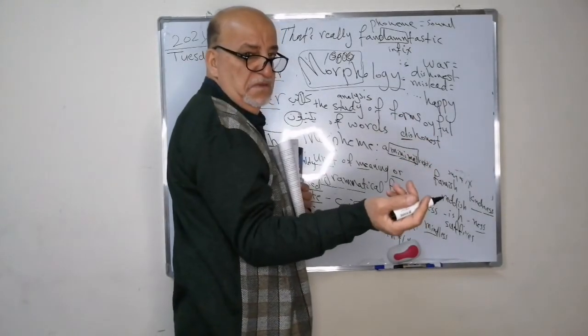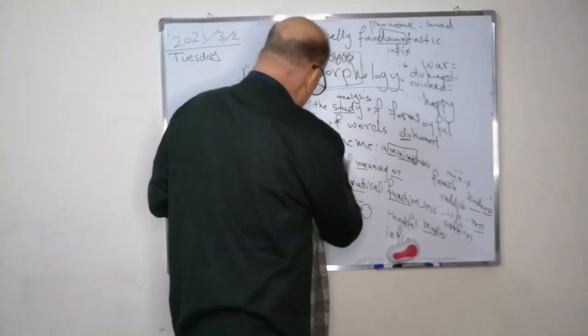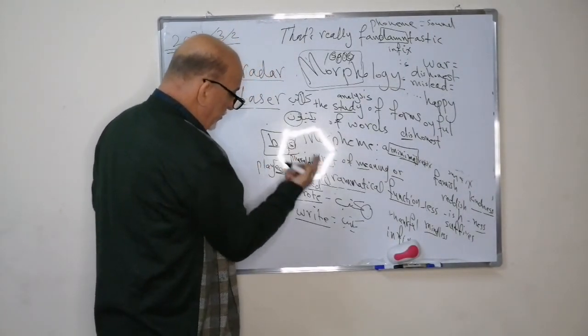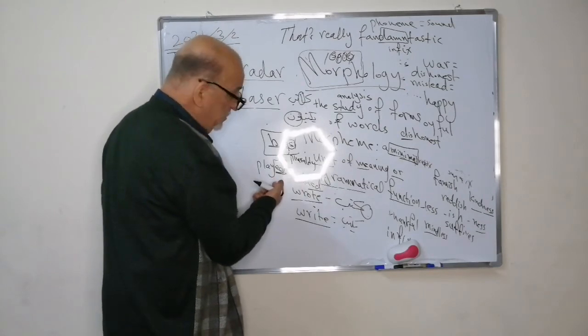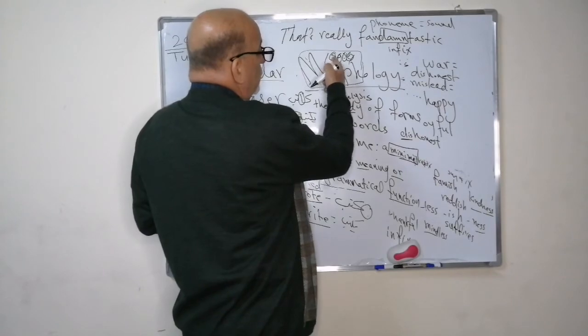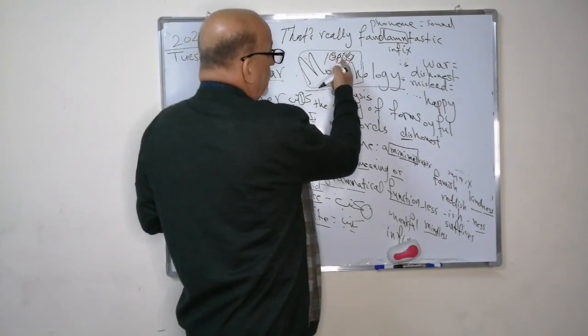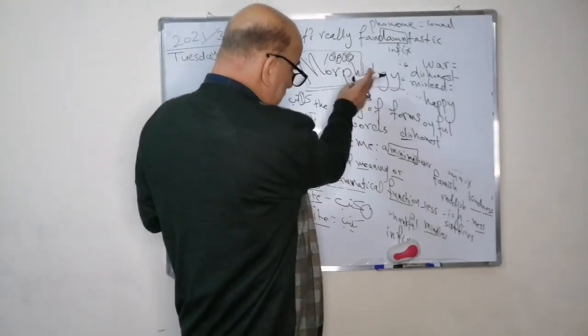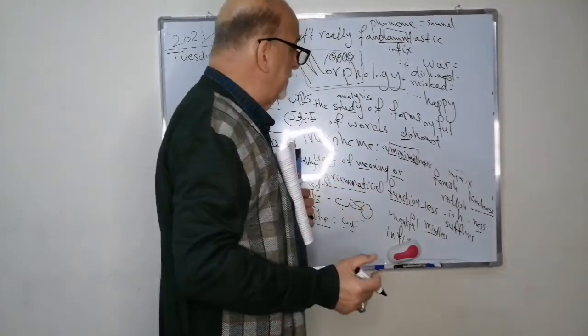It is not like a morpheme. A morpheme has a meaning, like plurality or past. The phonemes don't have a meaning, but when they are put together, they give a meaning.